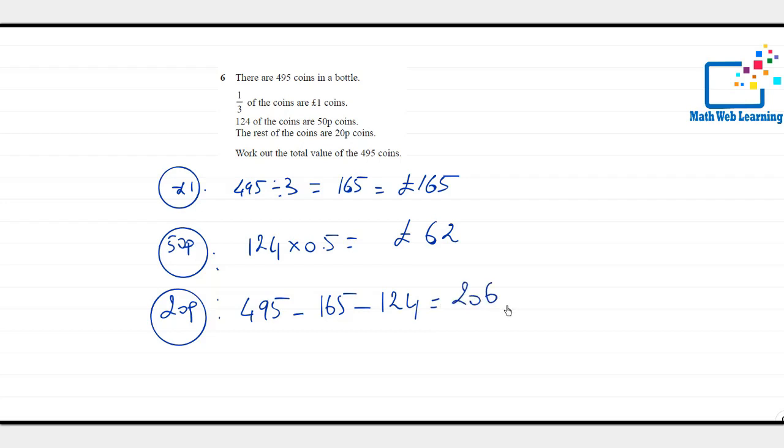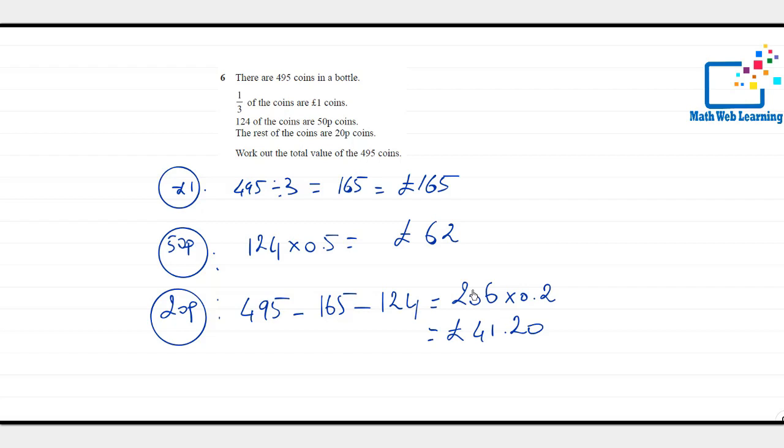That is 206 coins. So we need to multiply them by 0.2 to get the amount of these 20p coins. If you do that in a calculator, you get £41 and 20 pence.